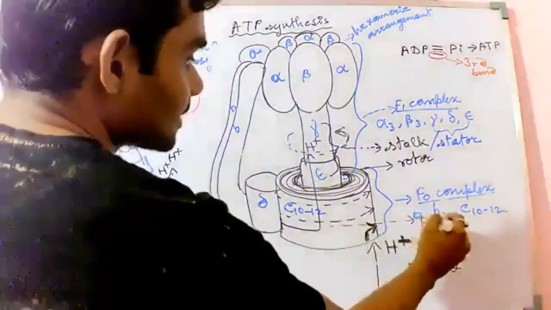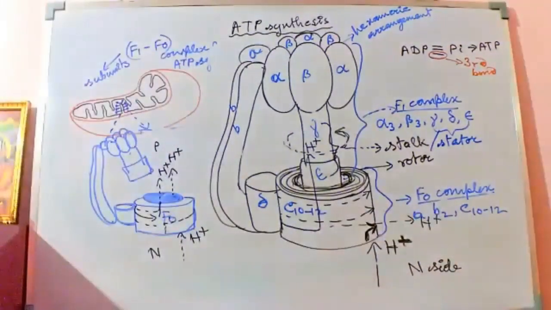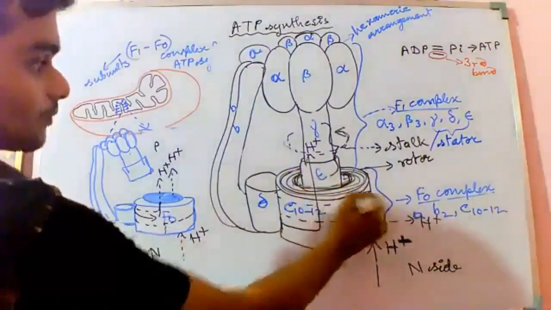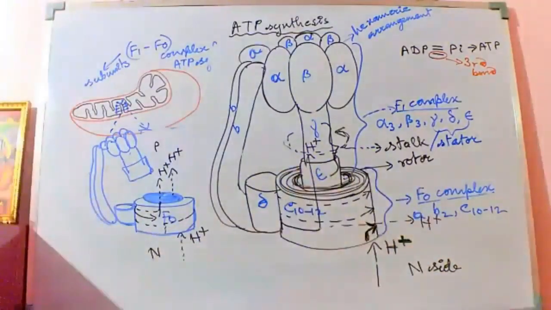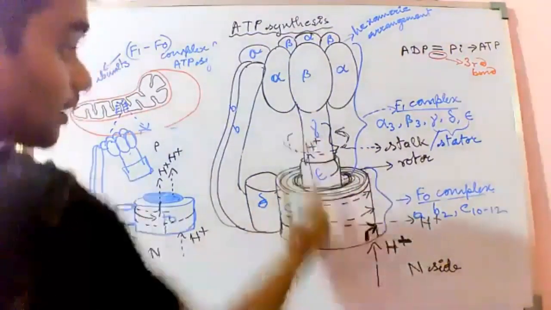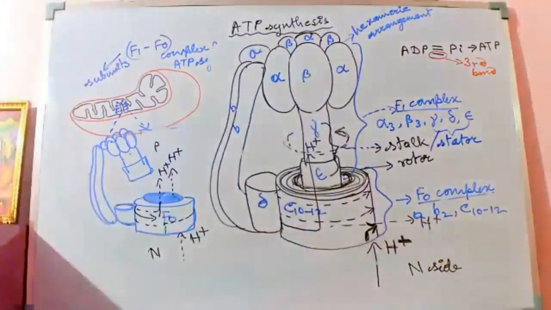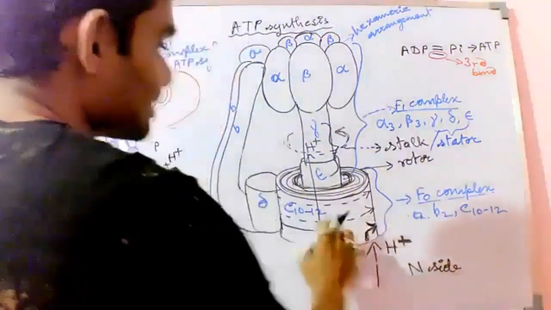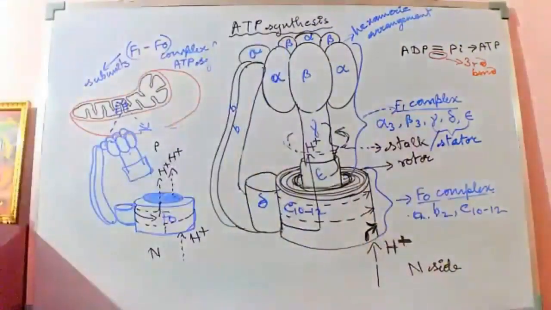That is what a tangent is, because this is the circle, and the tangent would be perpendicular to the radius of the circle. This is the tangent, and this is perpendicular to the tangent. So instead of the H plus ion going this side, it gets pumped in the upward vertical direction.